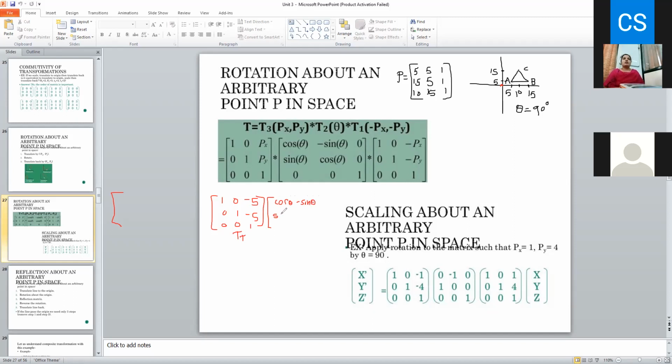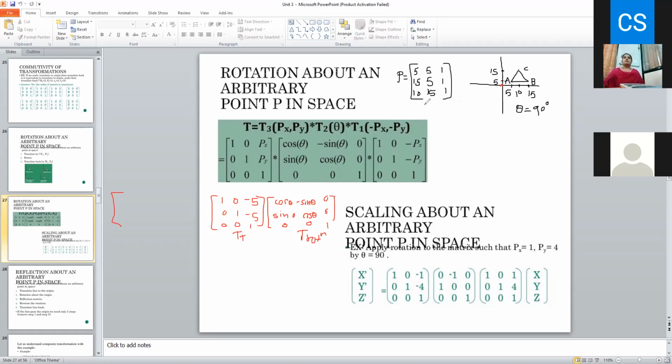Then sin theta, cos theta. This element is 1, the remaining all are 0. So you have this T rotation. Because now the rotation is available with respect to the origin, because A and origin are coinciding.